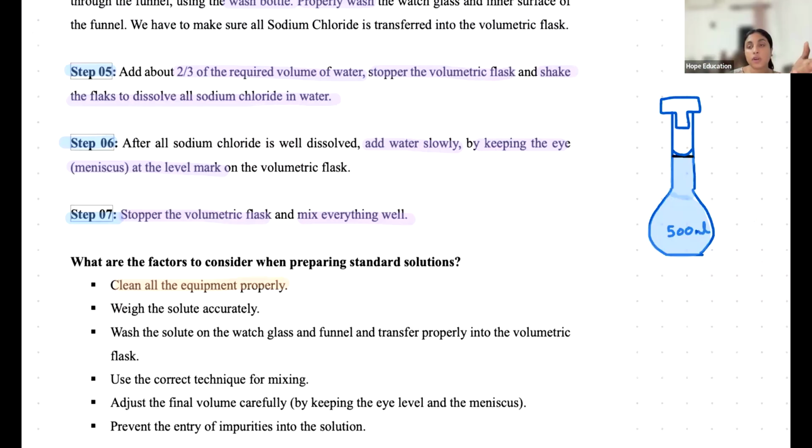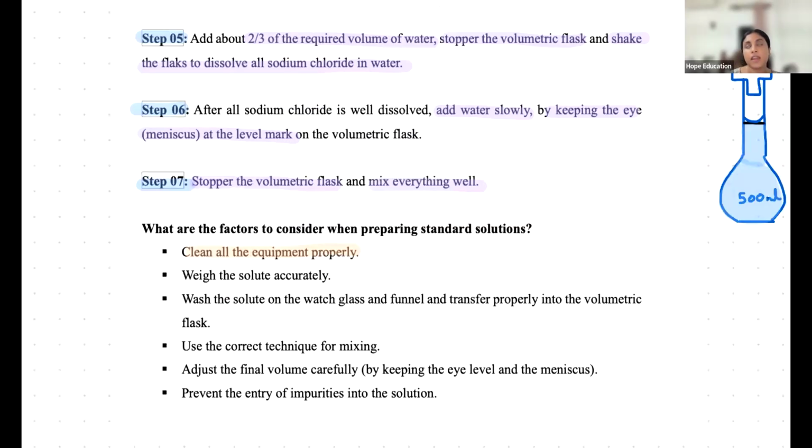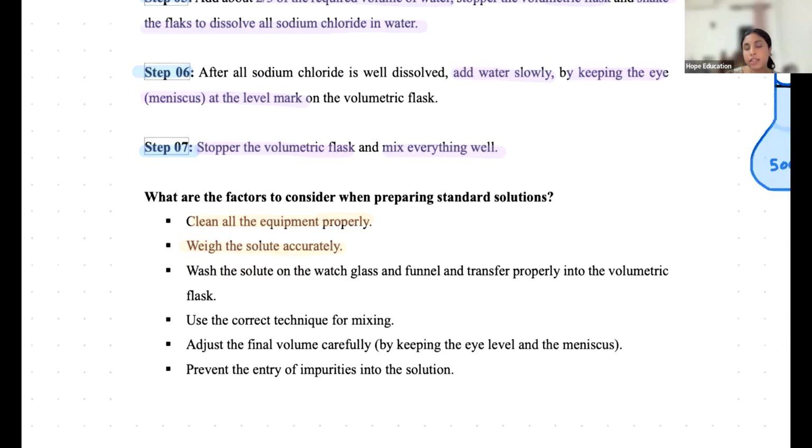Then I don't have pure sodium chloride, I will have other substances as well. එහෙම වෙන්න බෑ. My equipment has to be very clean. Weigh the solute accurately. In this particular case, I have to measure 29.25 grams of NaCl. So, හරියටම point එකටම measure කරන්න ඕනේ.